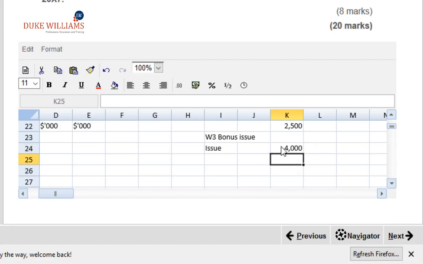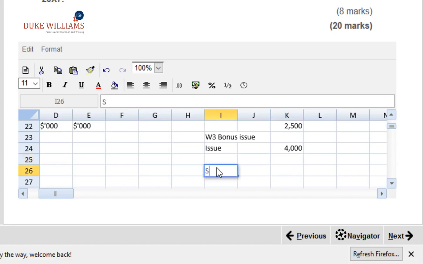This is 4,000. Now what it means is that the share premium account alone cannot pay for the bonus, and we have to draw on the retained earnings to be able to pay for the rest of the bonus issue. So this is what will happen. So we'll split this into share premium. Let's leave a line between.